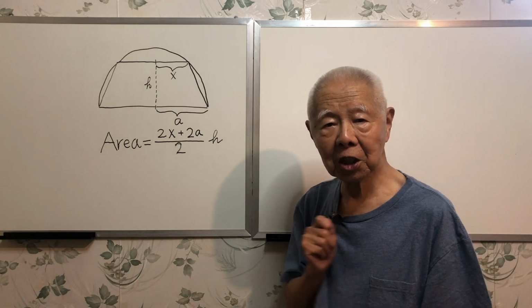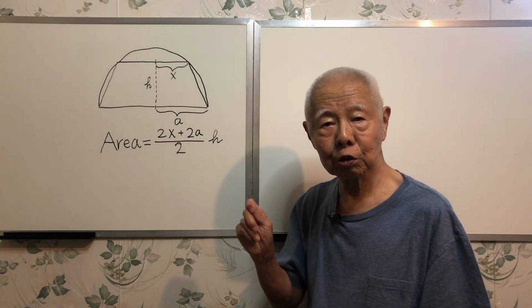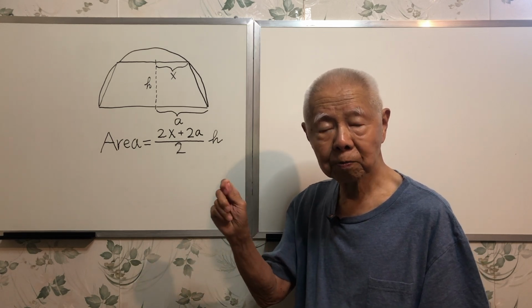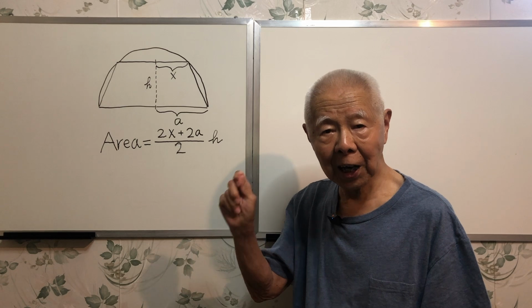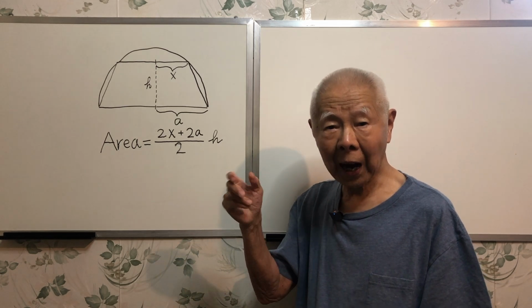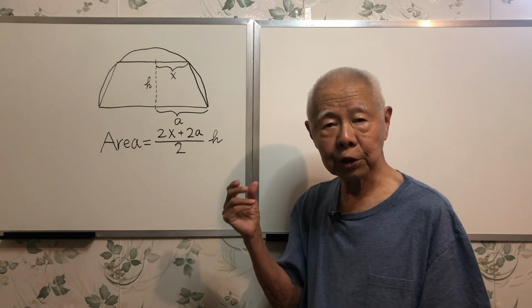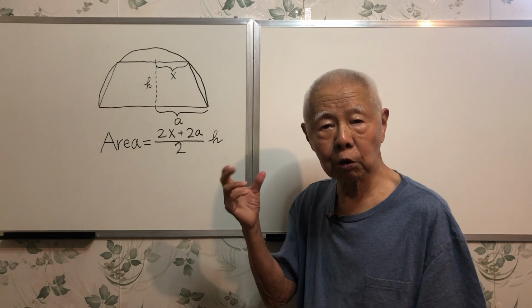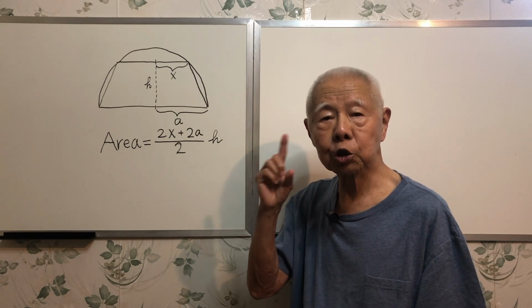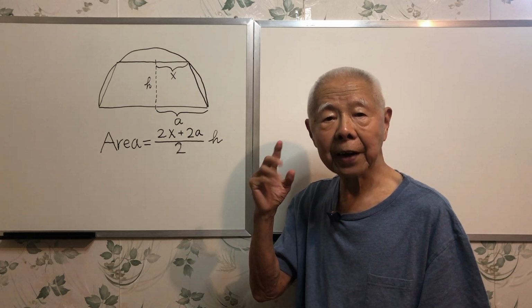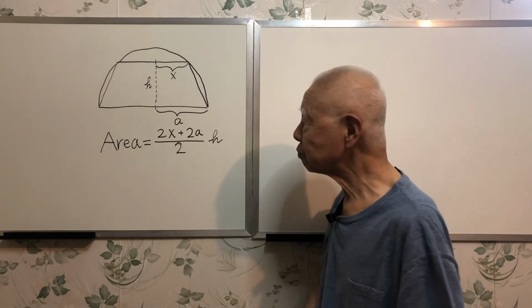To maximize it, I need to do the derivative with respect to the variable and let the derivative equal to 0. But I have 2 variables. Therefore, I need to reduce the two variables into just one variable. That way, I can do the derivative.